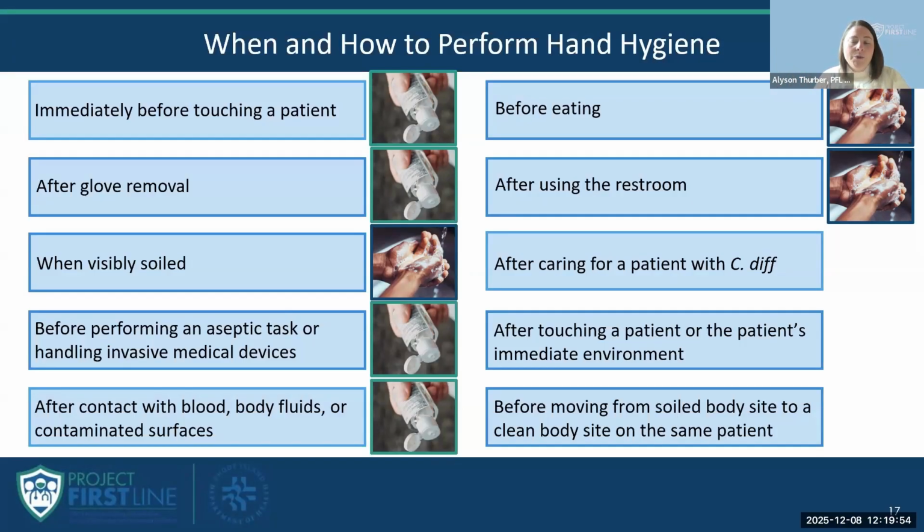So more importantly, we're looking at glove wear and alcohol-based hand sanitizer for the compliance aspect. The only caveat here would be that if there is an outbreak in a facility, the facility may be recommended to switch over to soap and water.